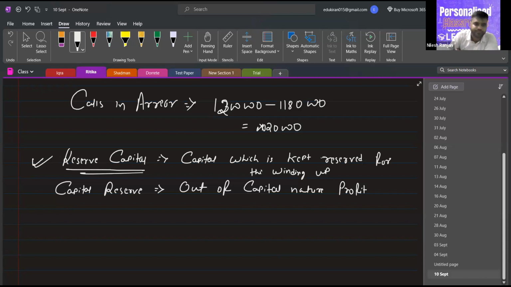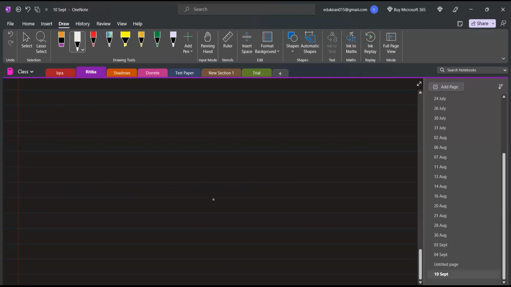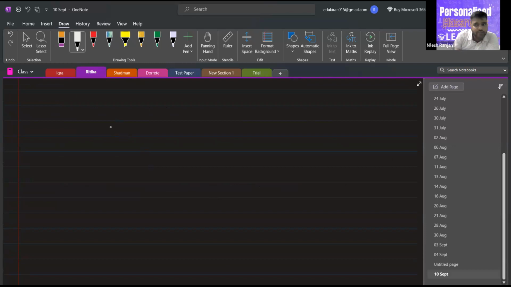Okay, sir. Now, notes to accounts. Actually, in notes to accounts, there is only authorized capital, there is issued capital, there is subscribed capital. Only these three are in notes to accounts.